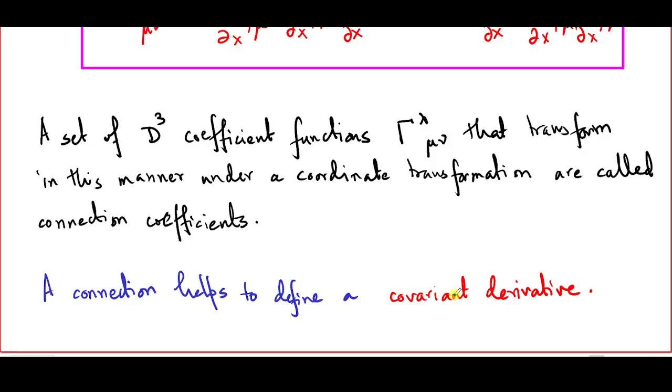Now, when we talk about particular geometric situations, like situations where you have a length defined and you want to understand this covariant derivative in terms of how to parallelly transport a vector from one place to another while keeping its length and, so to speak, direction the same and so on, then we will have to put in additional demands on the gamma lambda mu nu functions. We will discuss those things in greater detail in later lectures.